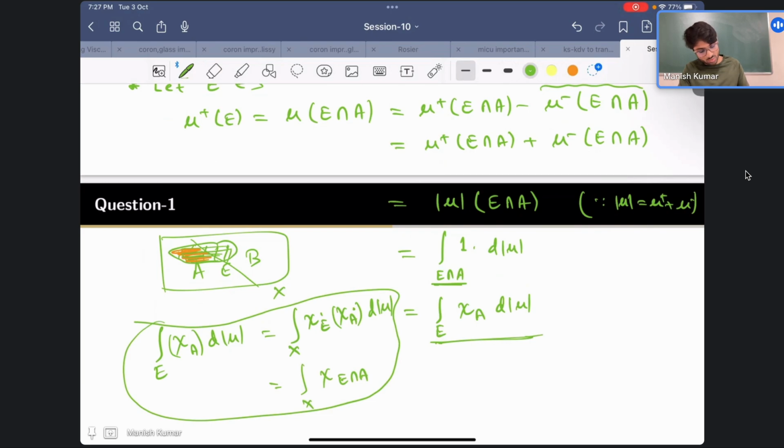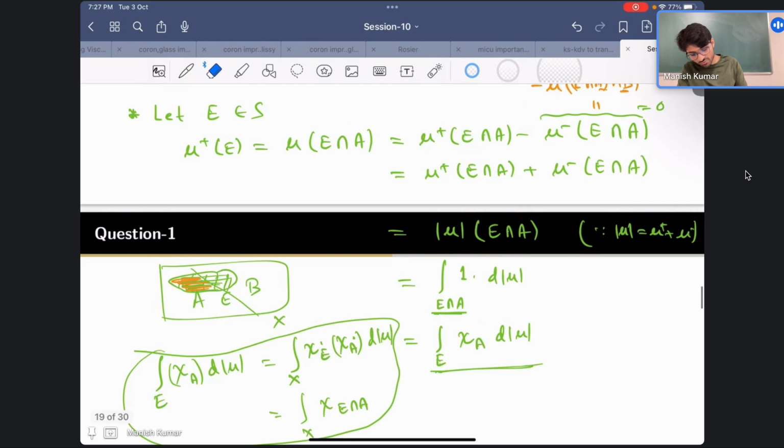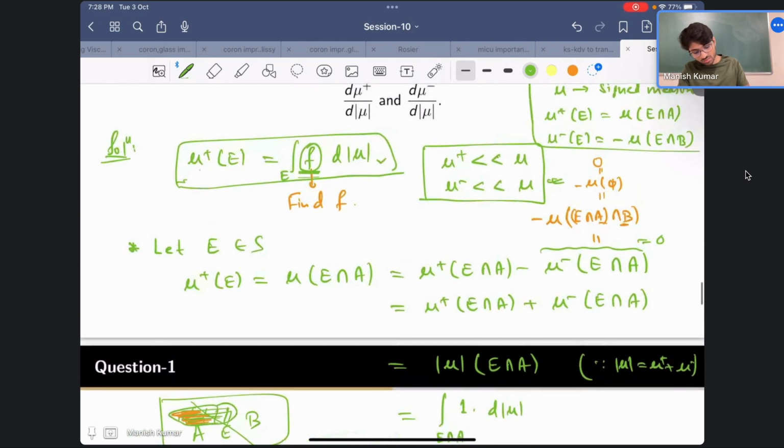So that's all this quantity means. You have written mu plus of E as the integration of some function over E with respect to the measure mod mu, and this is what we wanted.